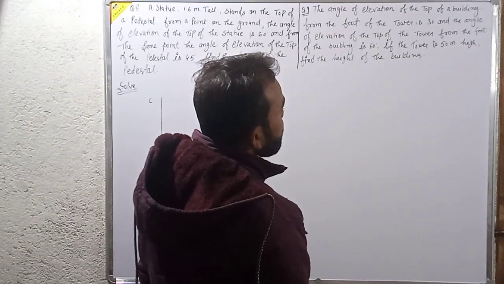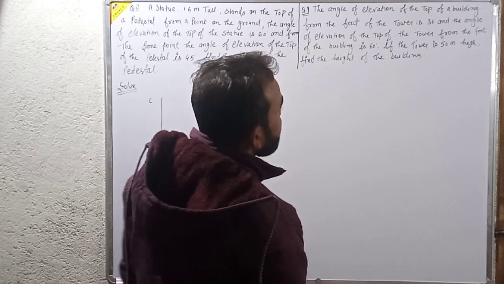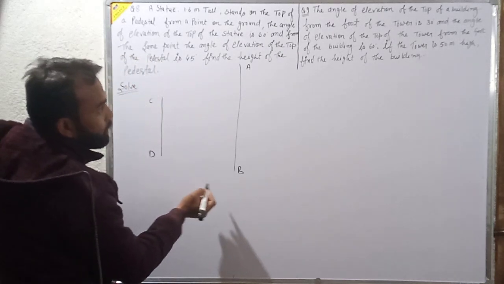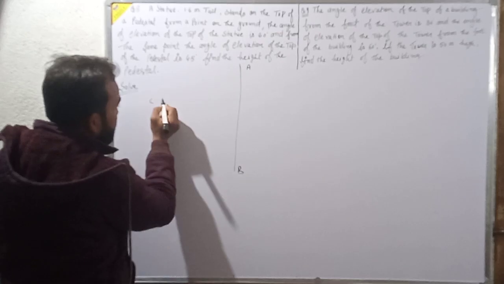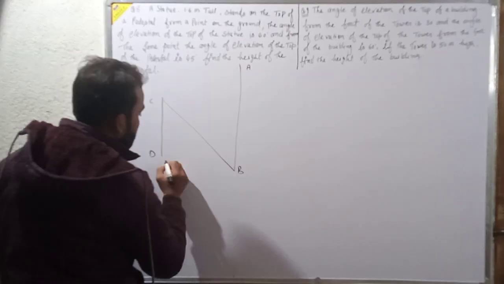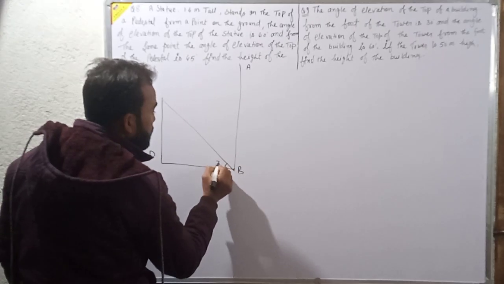The angle of elevation of the top of the building from the foot of the tower is 30 degree. This is ground level, so it will be 30 degree.